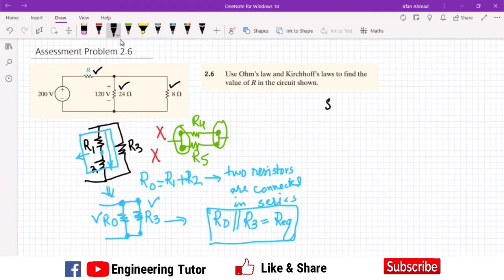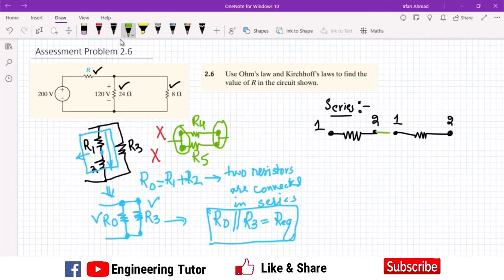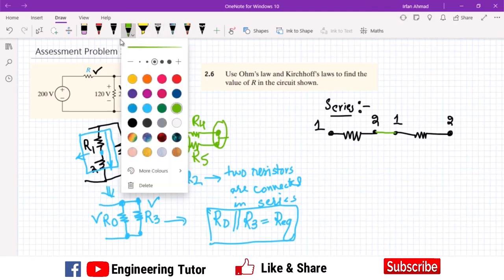So let me put it again. For a series circuit, if we have two resistors, this is R1, this is the first end and the second end of R1, and this is R2, resistor number 2, with its first end and second end. If we connect them such that the second terminal of R1 is connected with the first terminal of R2, okay, let me change the color to blue.